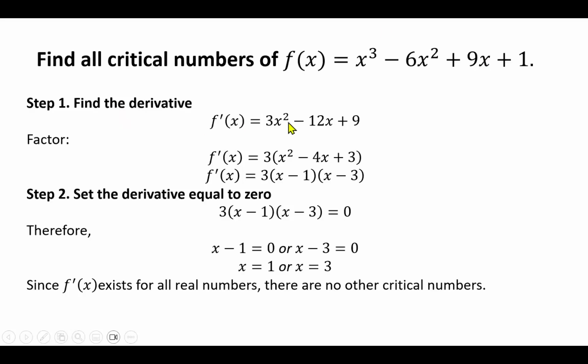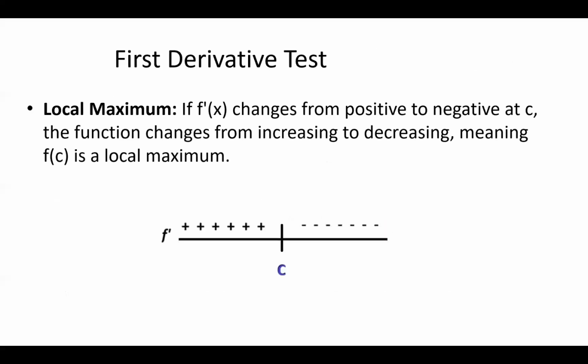You find the derivative, you factor it, set it equal to 0. And once you solve for each factor, I found 1 and 3. And so these are my critical numbers. Now, I don't know if it is a maximum or a minimum yet, but we're going to see that in the next example. So to find if something is a maximum or minimum, we use the first derivative test.